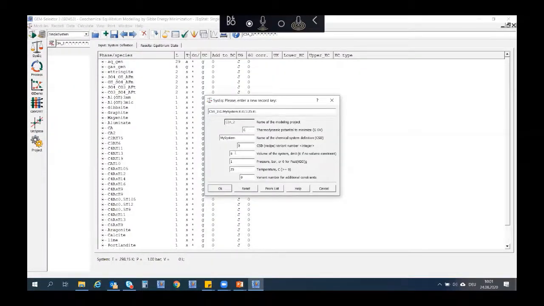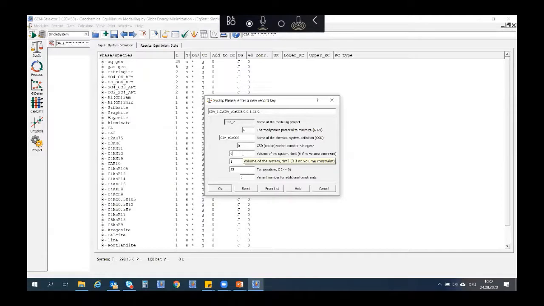Then we are now in the modeling system. It will ask us to get a name of a system. Again, no special sign, but we want to calculate the effect of calcium carbonate. It will ask for a number, normally we leave a 0. It will ask for the volume of the system.